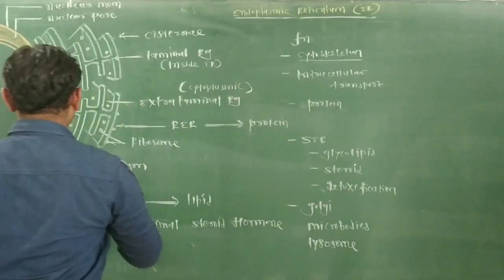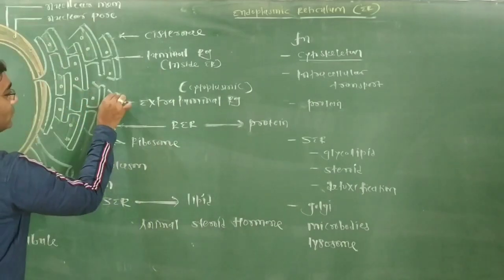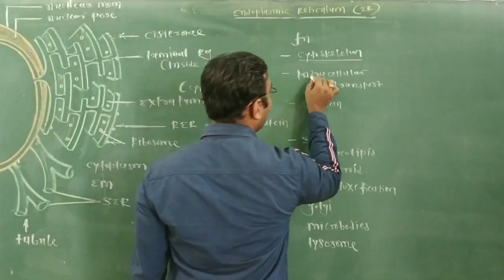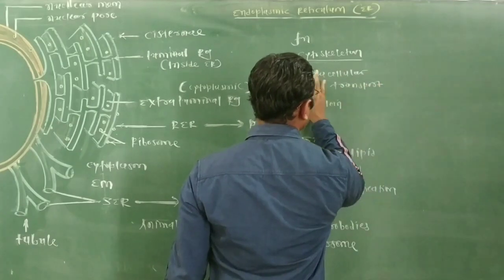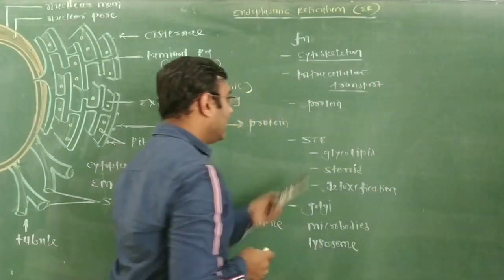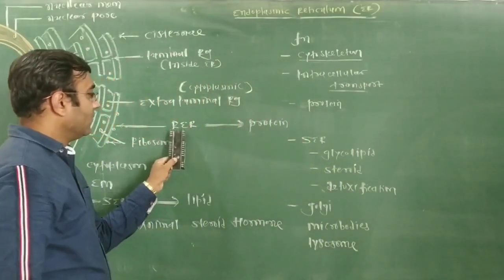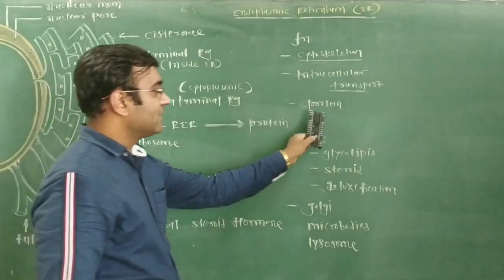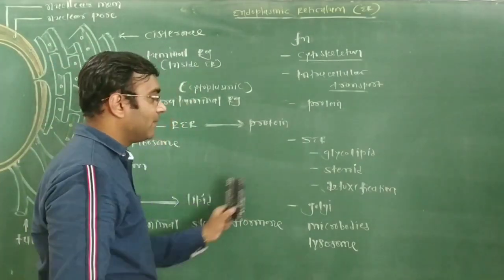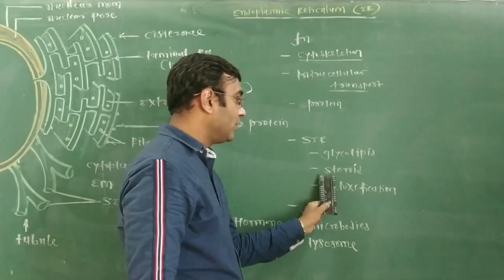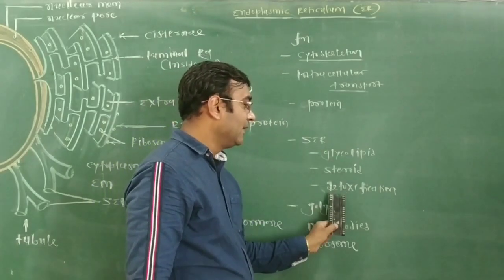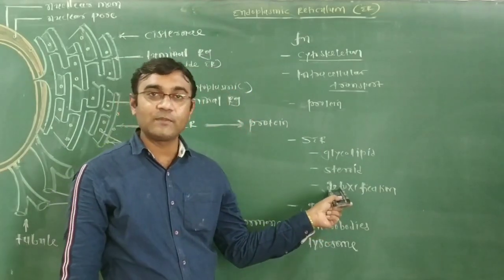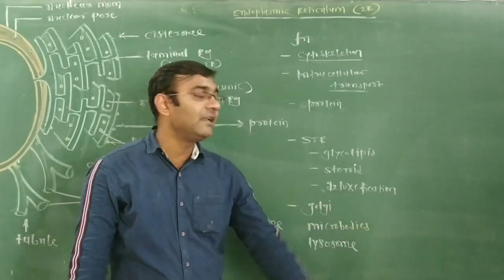Within a cell, material is transported from one place to another through the tubules, so intracellular transport is a function. Then we know clearly that rough endoplasmic reticulum synthesizes protein, smooth endoplasmic reticulum synthesizes steroids and glycolipids, and smooth endoplasmic reticulum also has the function of detoxification.